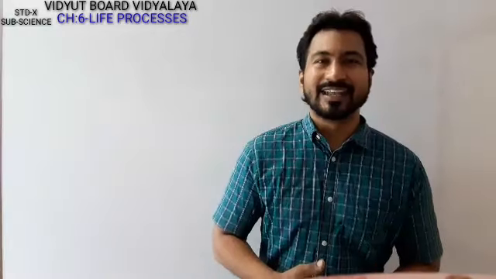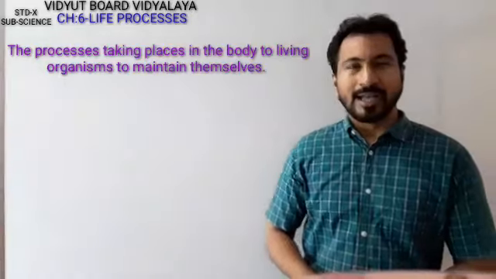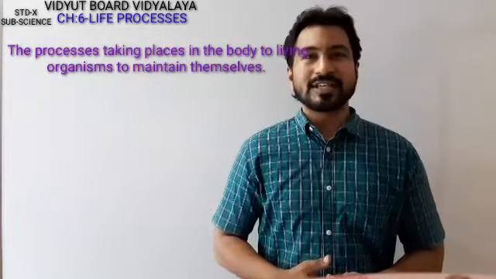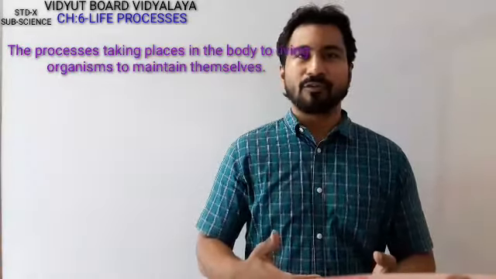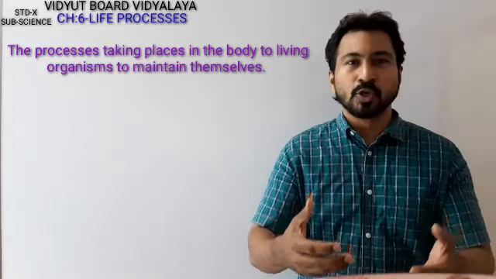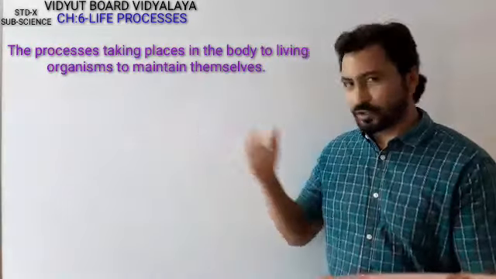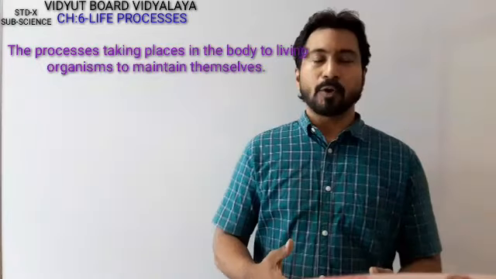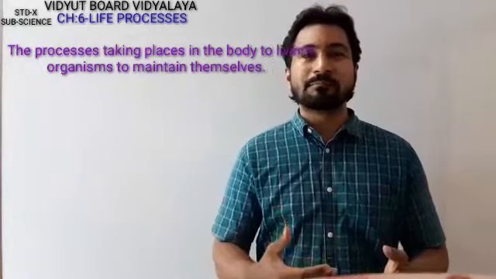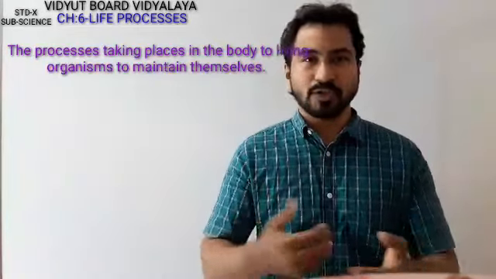So let us go into the definition of life processes. Life processes are the processes which take place in the body of living organisms to maintain and sustain themselves. The processes that help us to maintain our life are said to be the life processes. Now, which are these processes?